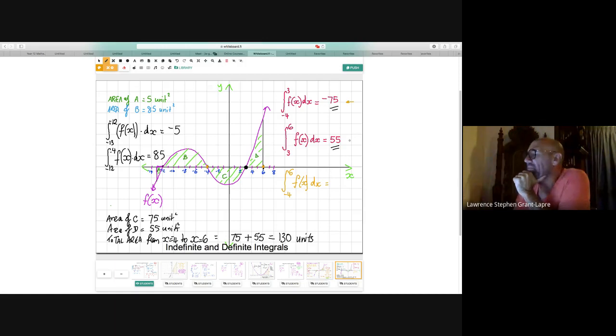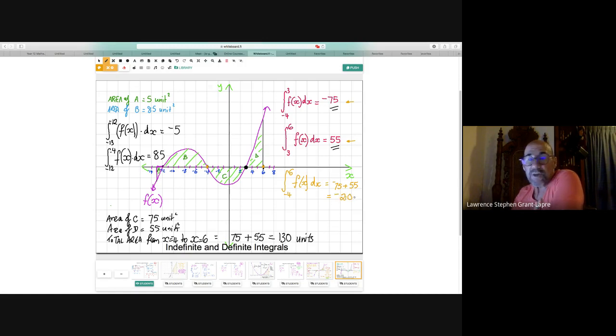So what do you think the definite integral will be? Well, there's -75 for the definite integral of C between -4 and 3, and then we've got +55 from 3 to 6, so the total definite integral would be -20.